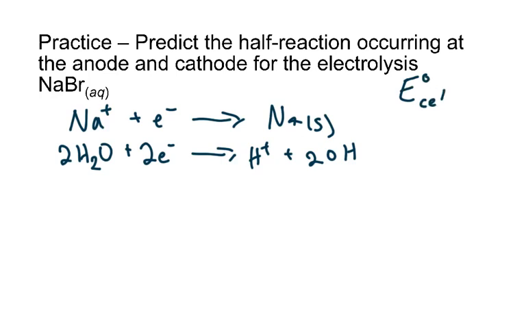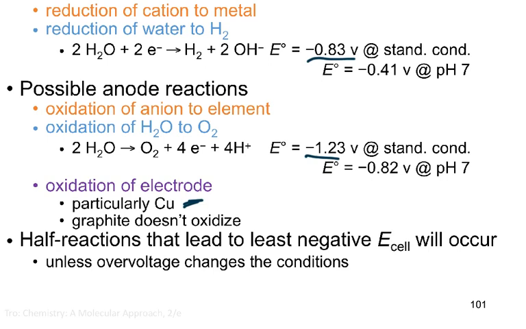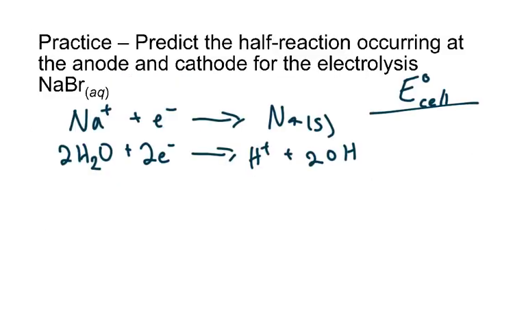My cell potentials for that one, I can get from the previous slide. It's negative 0.83 volts. And for my sodium, negative 3.04 volts. So this is the one that's going to occur.